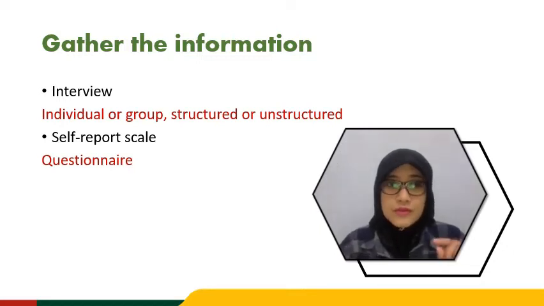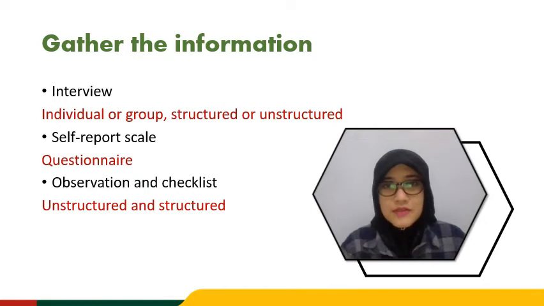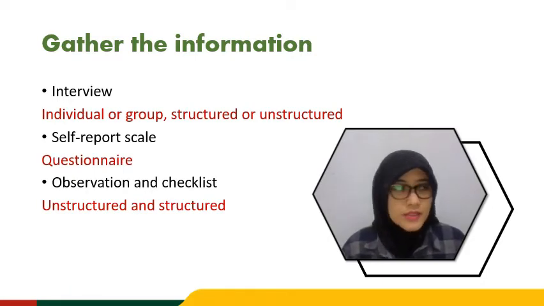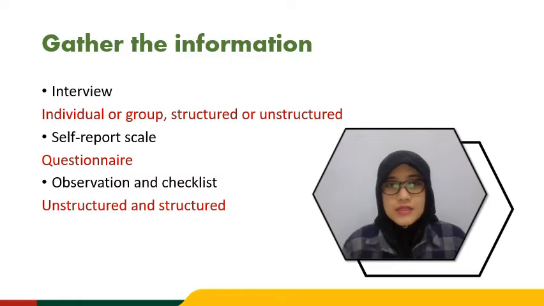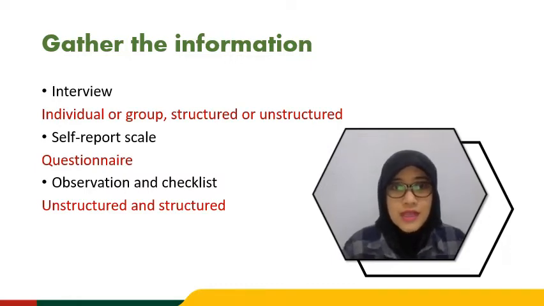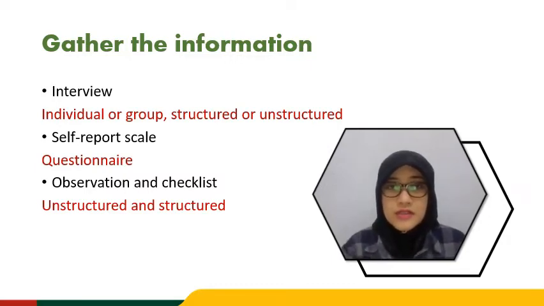Another way, so this is the third way. I mentioned two, but it's actually more than two. Now we are going to talk about observation and checklist. So observation is basically done when you come to the place, or you look at the things that you want to look at, for example the syllabus, and you come to the class and you observe the teaching and learning.